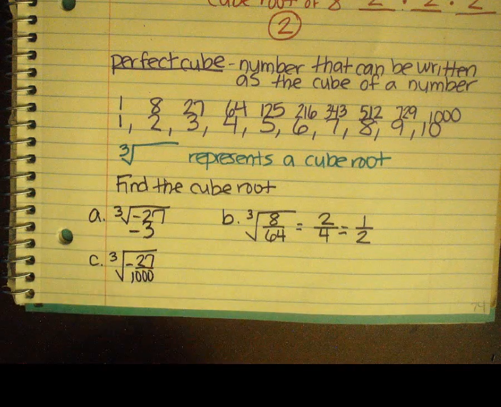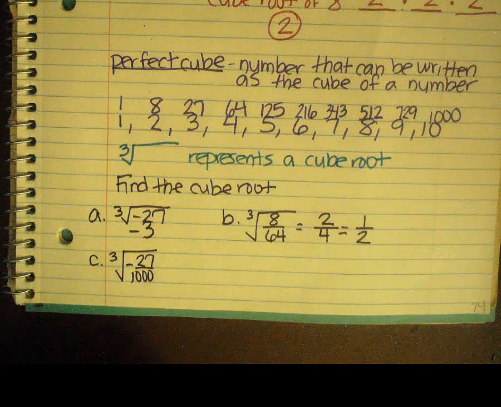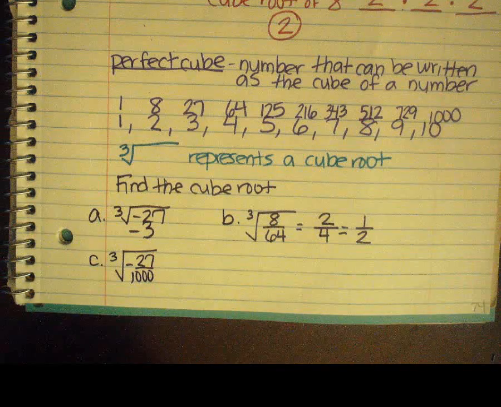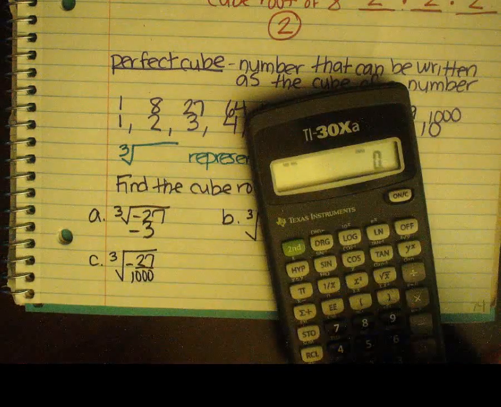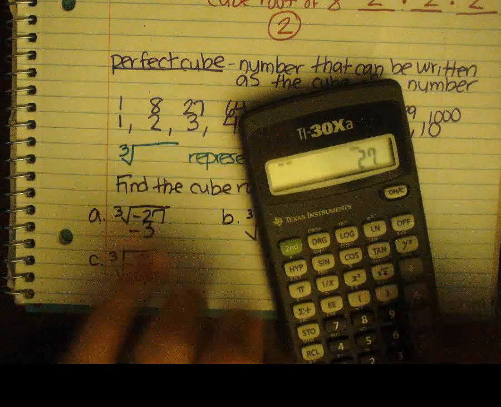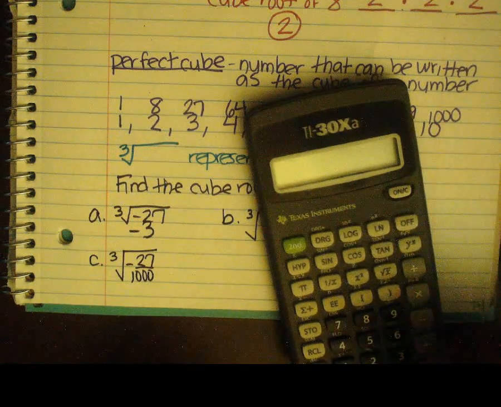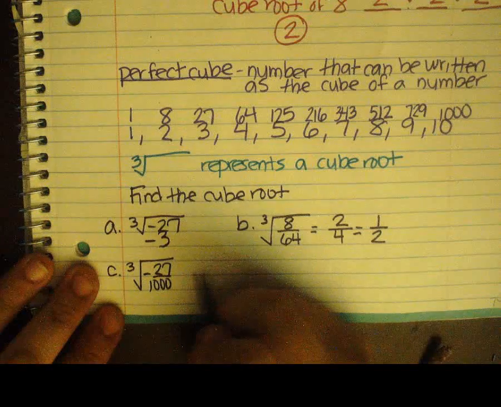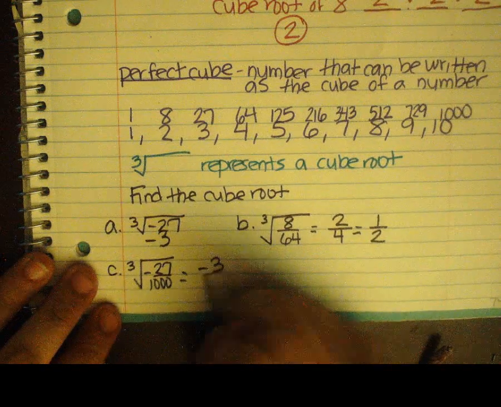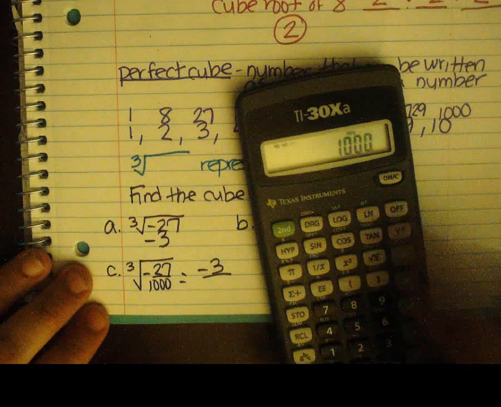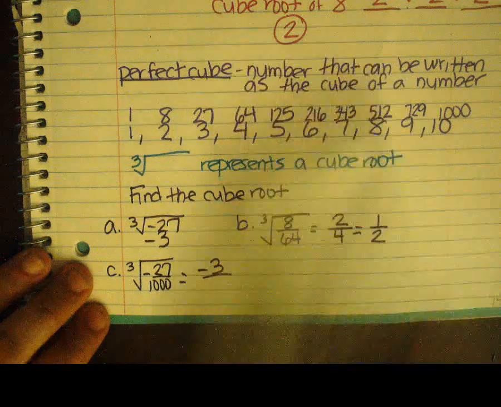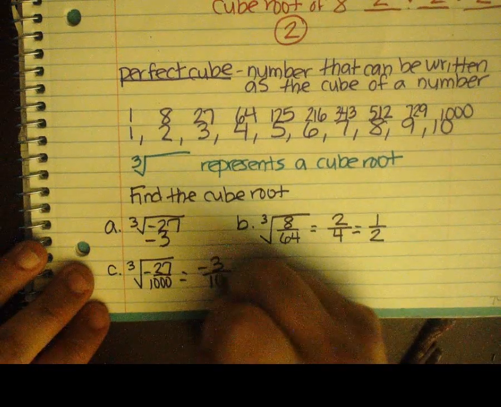Interesting. I don't know why it won't let me do 1,000, but what I would do is do 27, cube root, 3, -3. And then 1,000, second, cube root, 10. So -3/10.